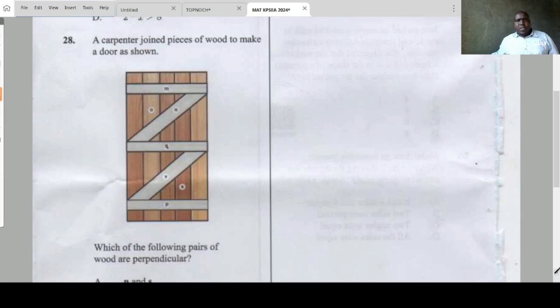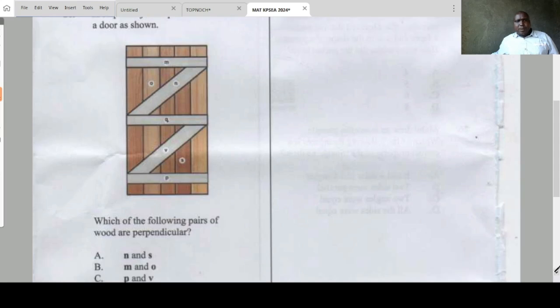The carpenter joined pieces of wood, like you can see there. Which of them are perpendicular? For two lines to be perpendicular, they must meet at 90 degrees. So which two of them are meeting at 90 degrees? You can see it is O and M. So O and M are meeting at 90 degrees.